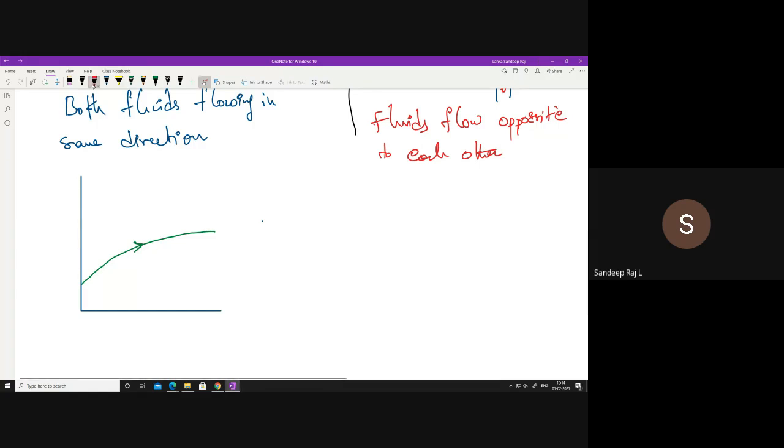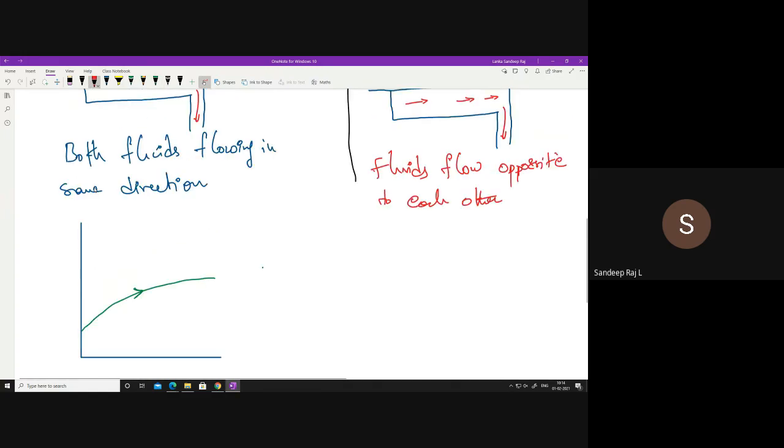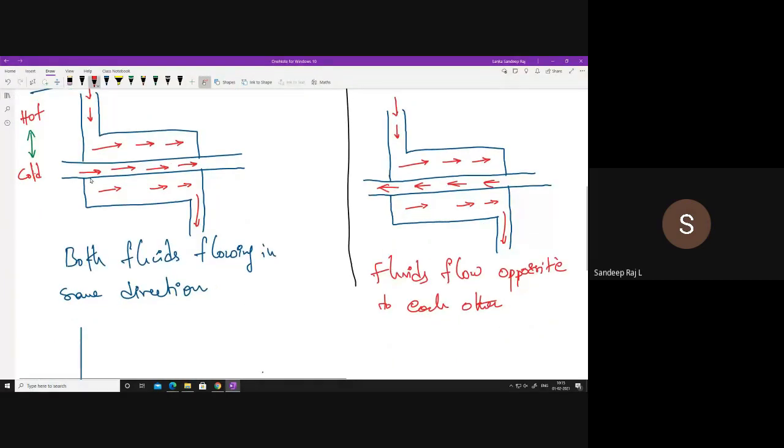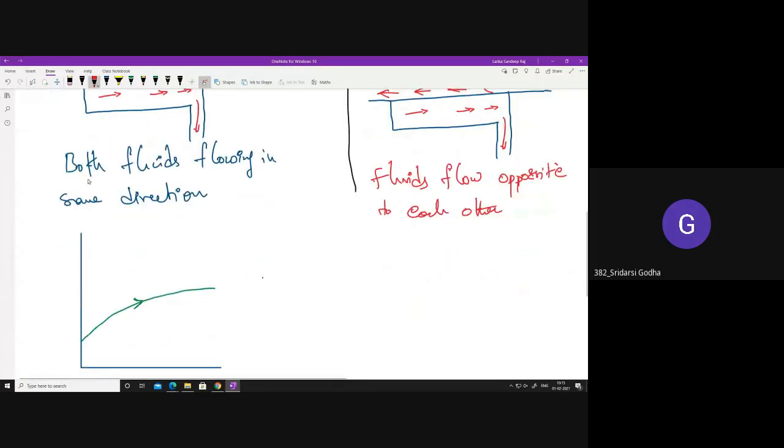Next, hot fluid. What will happen to the hot fluid temperature? Whether it will increase or decrease? Somebody is saying decrease.